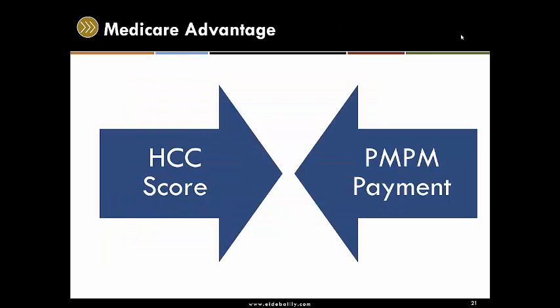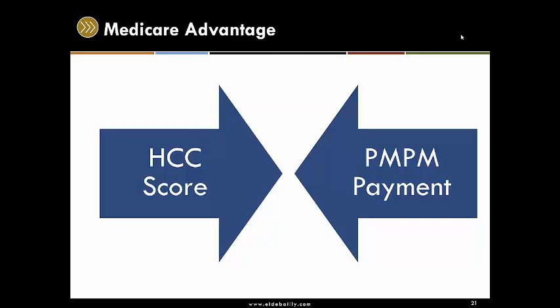So again, we talked earlier about the Medicare Advantage plan, and that the higher the HCC score, the higher the Medicare Advantage payment per member per month. As you think about this in your organization, we know we're seeing more and more Medicare Advantage patients. That's becoming more prevalent all the time.